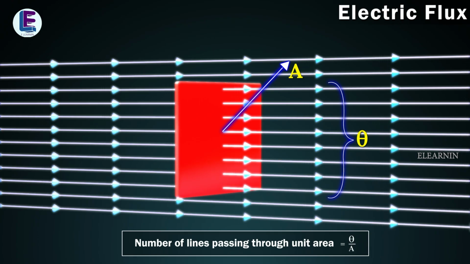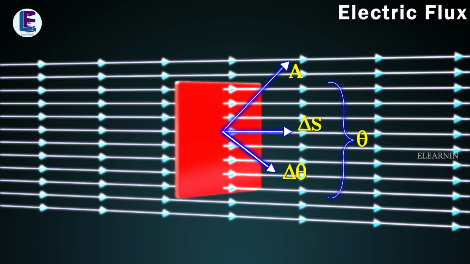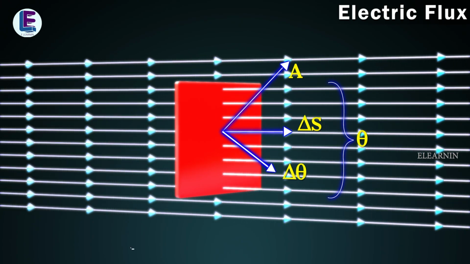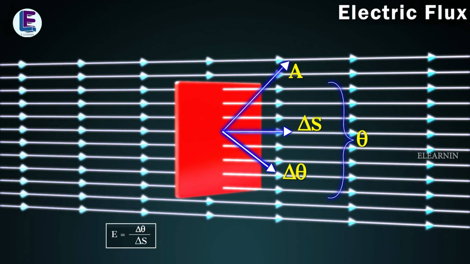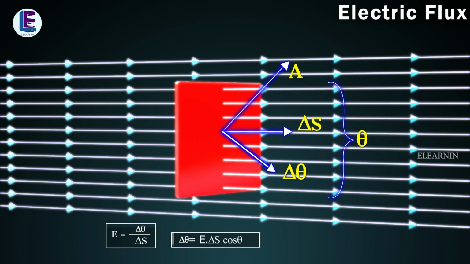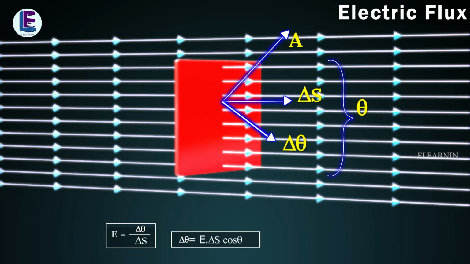Mathematically, if the number of force lines through an area delta S is delta theta, then electric flux intensity, E, is delta theta divided by delta S, or delta theta is equal to E times delta S times cosine theta.